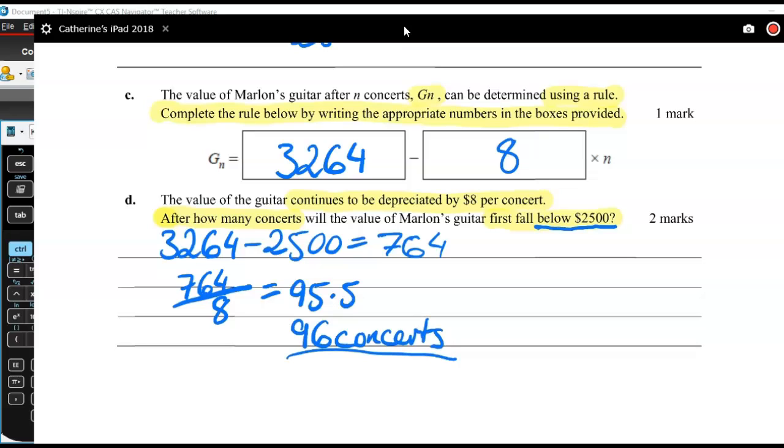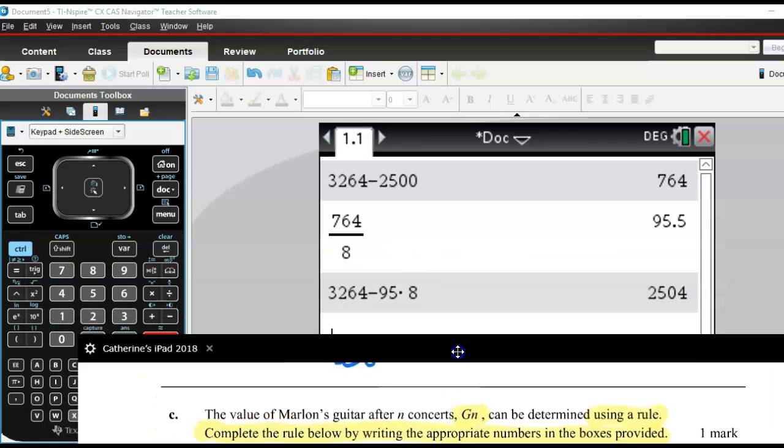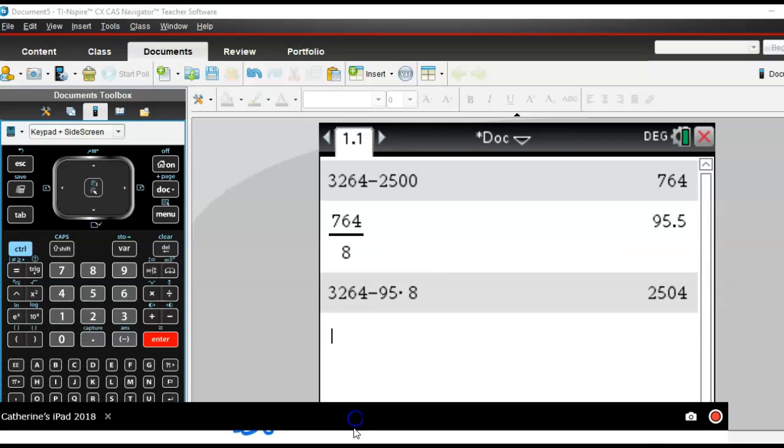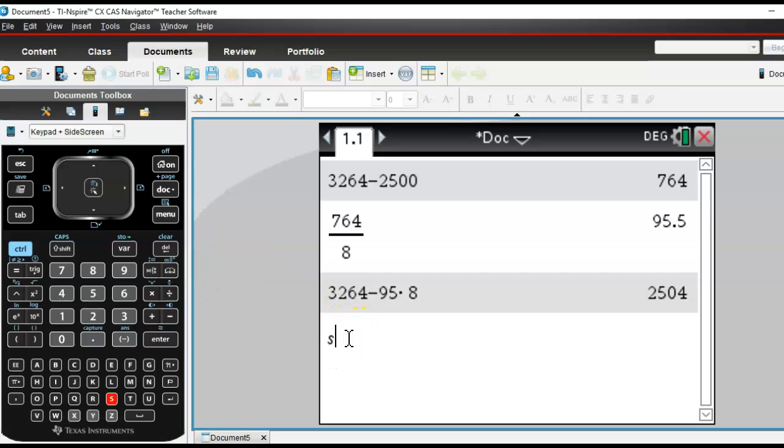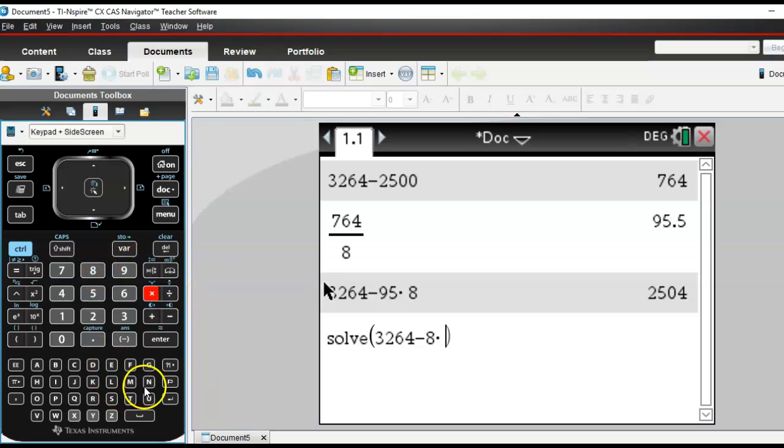You could have also used your solve function, if you wish. So I type solve, using the formula that we came up with, the rule, 3,264 take away 8 times n, and then we want to solve for n.